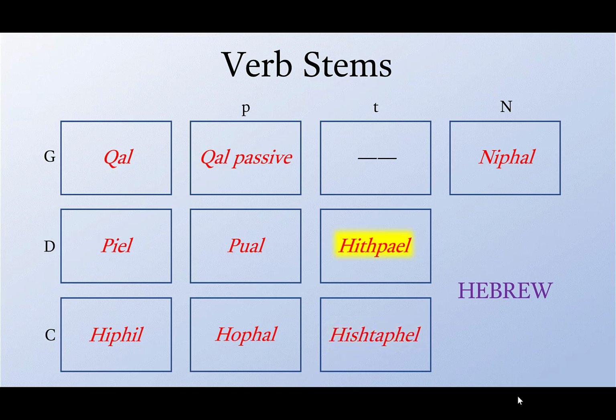And then there's the special case of the Hishtafel, that verb form for the worship verb, where that particular verb only has a Hishtafel form, and respectively, Hishtafel in biblical Hebrew only appears in that verb. So whenever you have the situation of a verb only appearing in one stem, the stem often becomes less important or determinative for the meaning of that verb in the text.